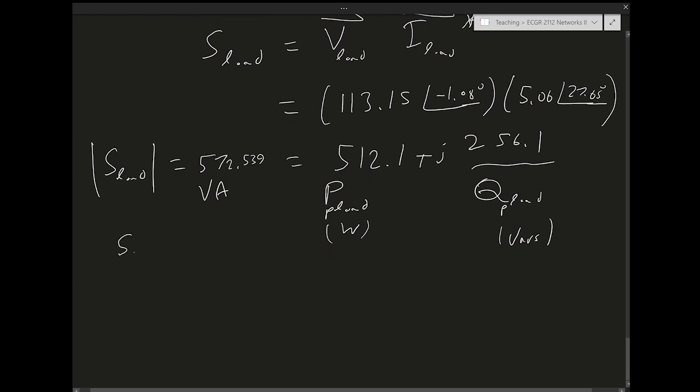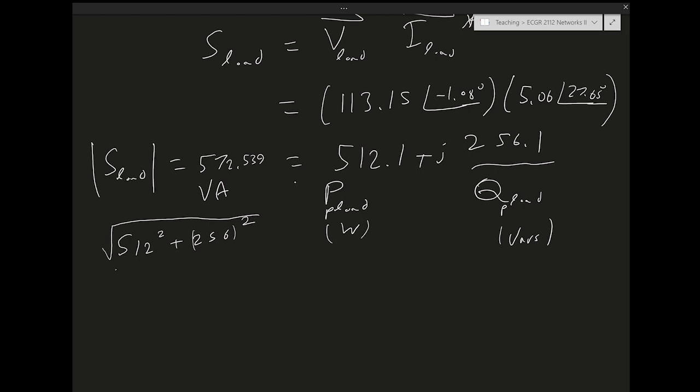You take 512 squared plus 256 squared, you take the square root of that, and that should give you the apparent power. So this is in VA.